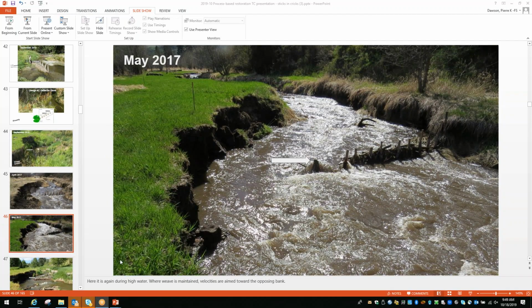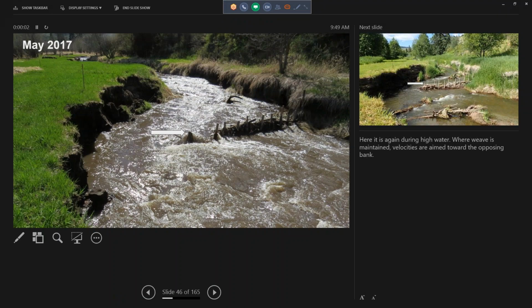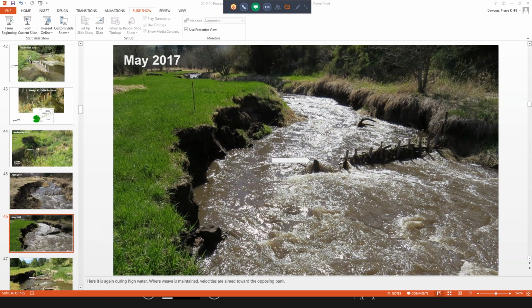It's been interesting for us to watch what the stream does with the structures that we put in. When we first started out, we were really concerned about micromanaging every location, like analyzing the stream and looking at what we think it might do, what we think we might be able to cause it to do. And the more that time has gone by, the more we've zoomed out with the big picture approach of, what are we doing in this reach?